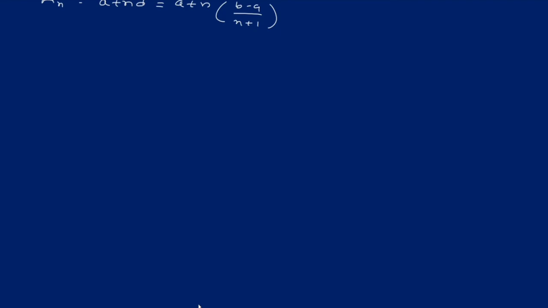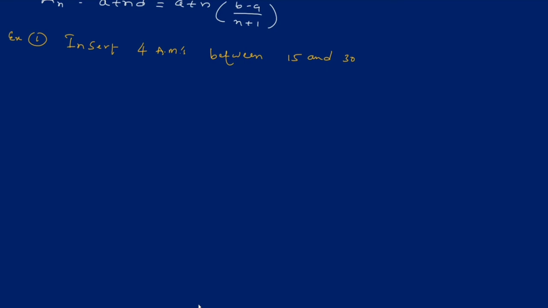That is the first example. Example 1: Insert 4 arithmetic means between 15 and 30.